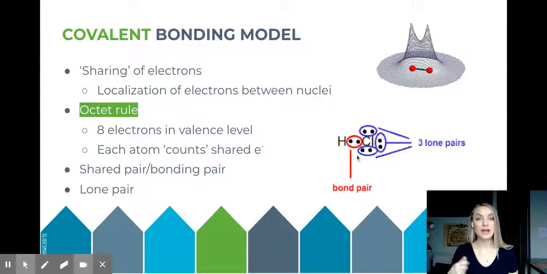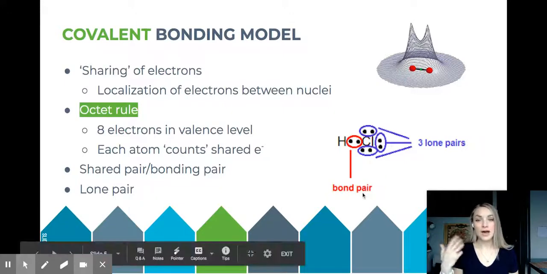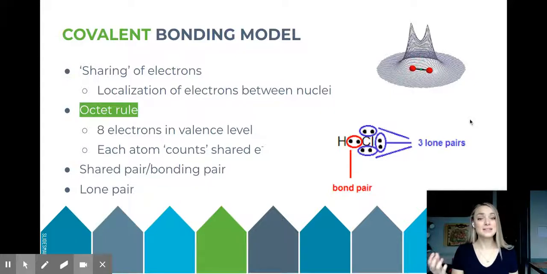Hydrogen and many other elements in the S block have a valence subshell that is an S subshell, so they can only have up to 2 electrons there, which is why those elements tend to form cations. They tend to lose those electrons.